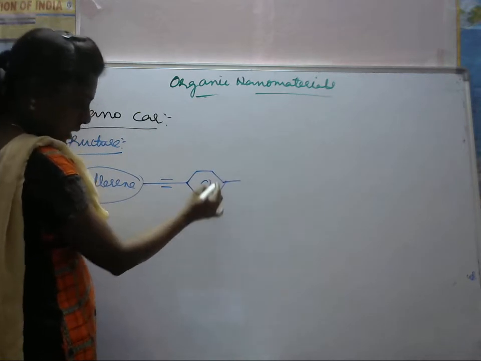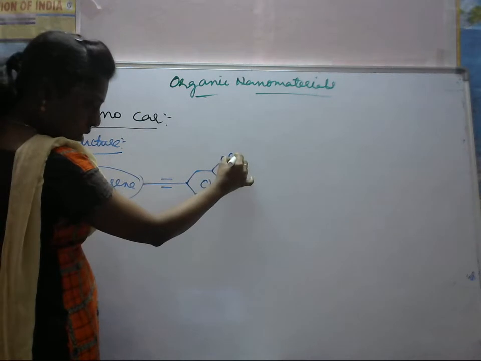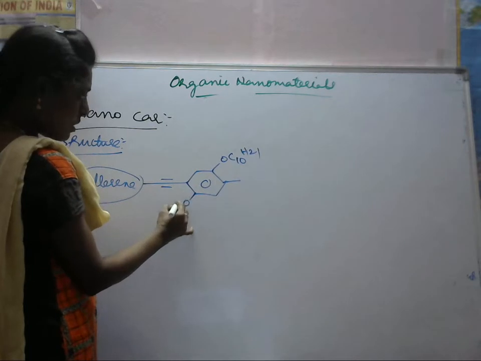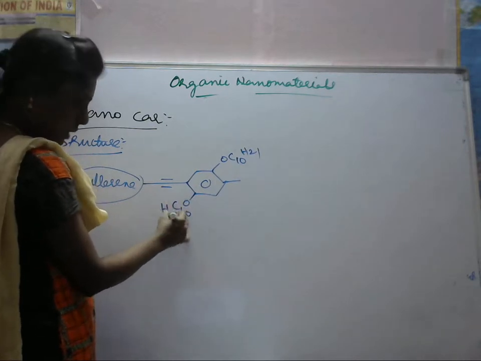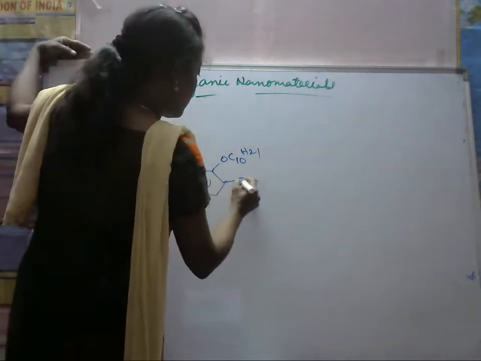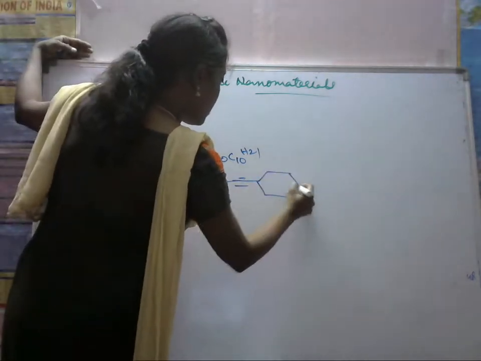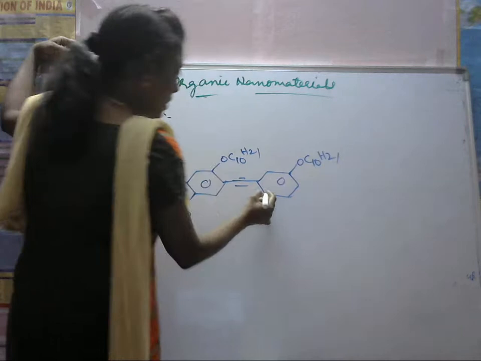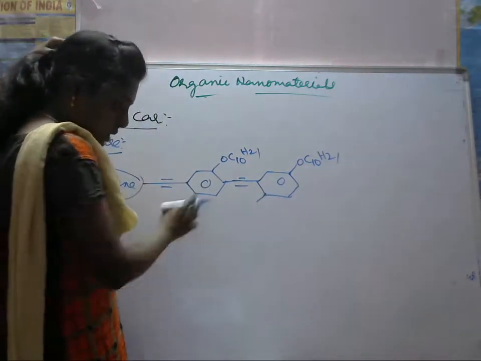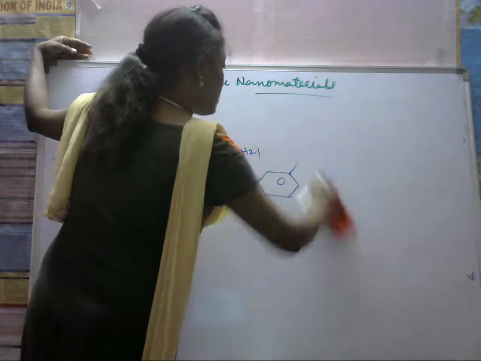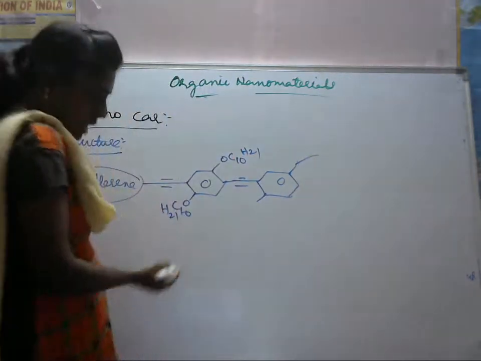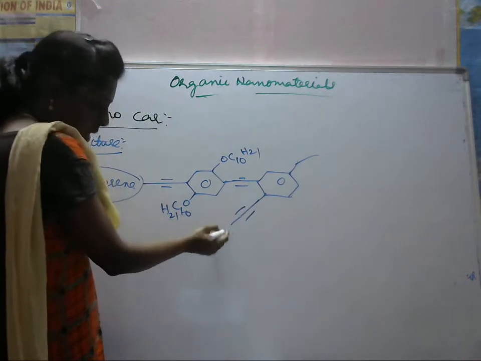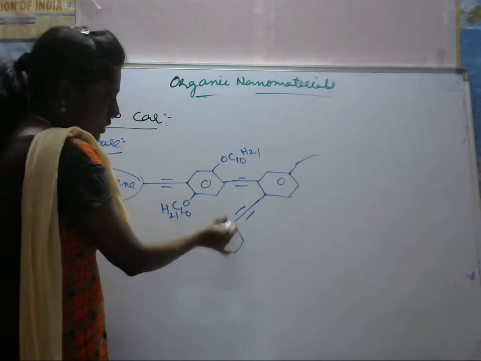Here it has OC10H21, and here also OC10H21. Again it is continuing like this, with OC10H21 here as well. Here a smaller chain will be there. Again it is attached to another molecule, which is this one.